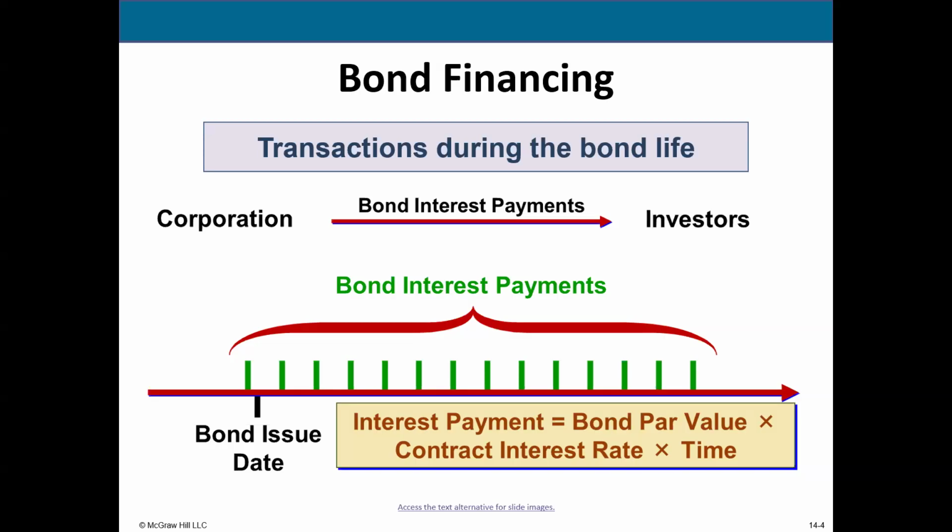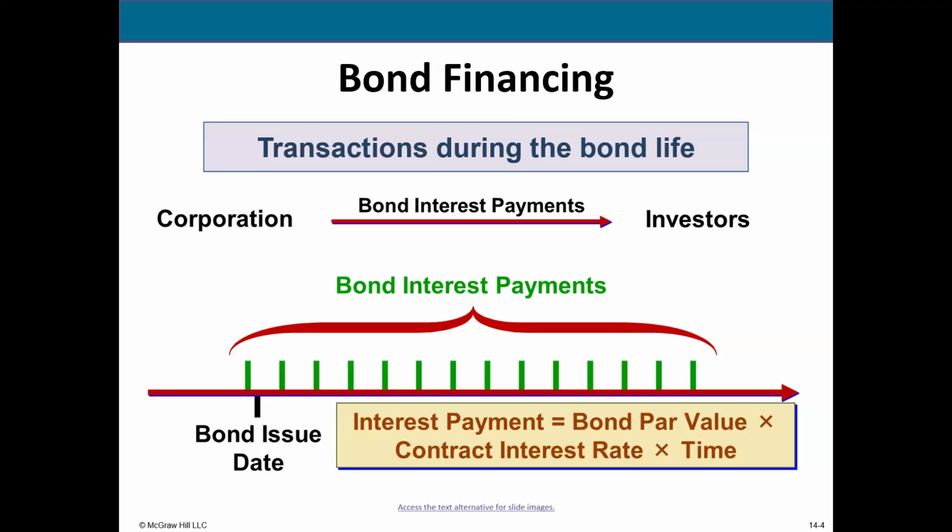The way that it works is that the company will sell a bond to a bondholder, which is typically an investor, and they'll sell the bond either through a bond exchange, which is very similar to a stock exchange, or they can sell it directly to investors.